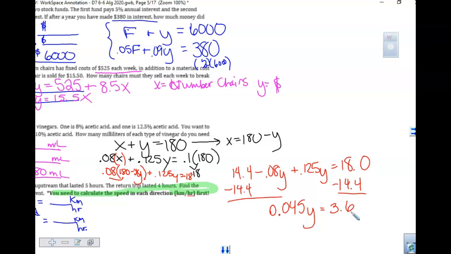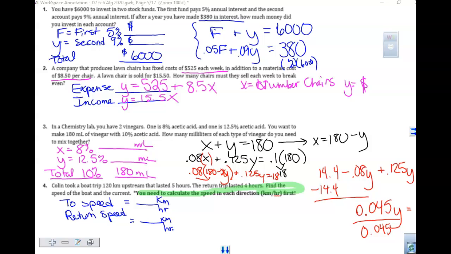All right, so I'm going to divide both sides by 0.045. And I get y equals, put it in your calculator, should be 80. Okay, that's really easy. Now I just need to, this is 100, right? I'm not even going to have to show much work because I know they had the total to 180.